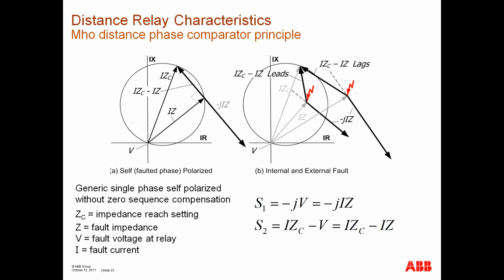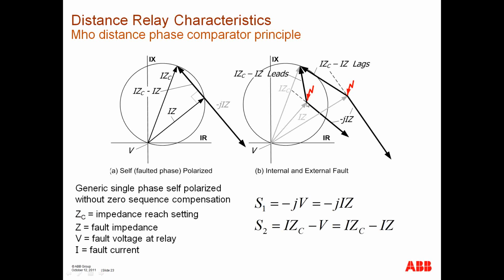So here I'm looking at the angle relationship when I'm at this point of the circle. They're 180 degrees, or basically 0 degrees apart. It's neither lagging nor leading.